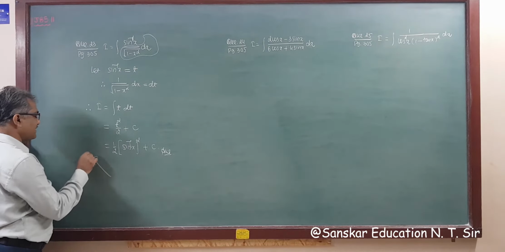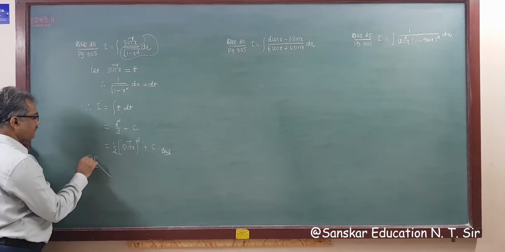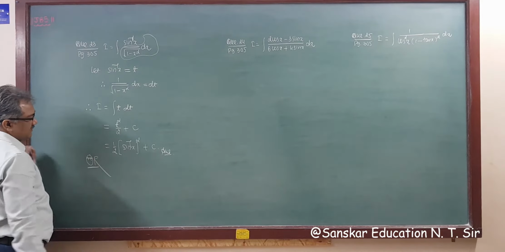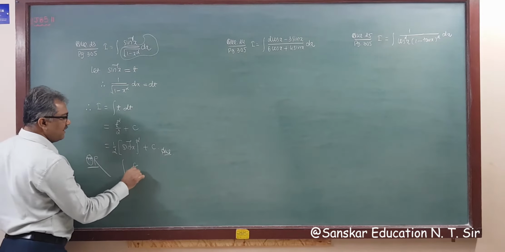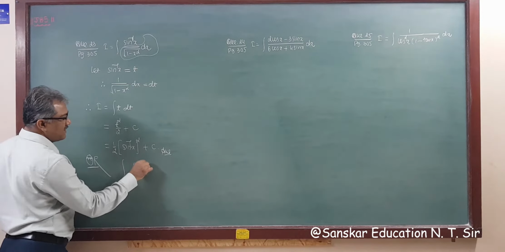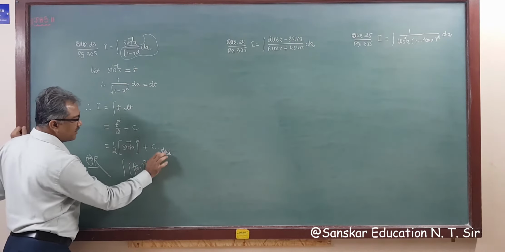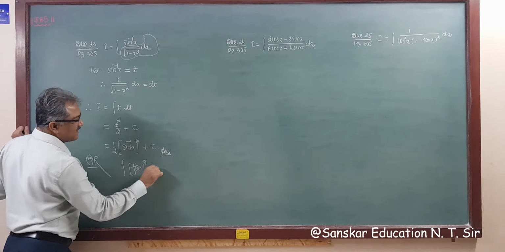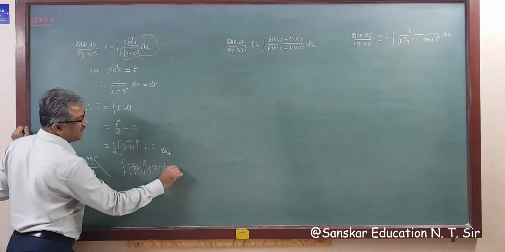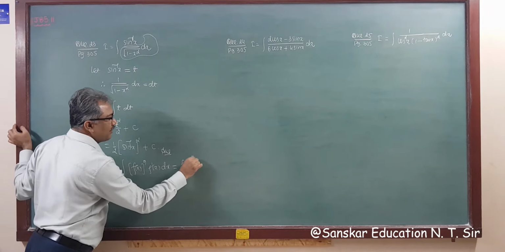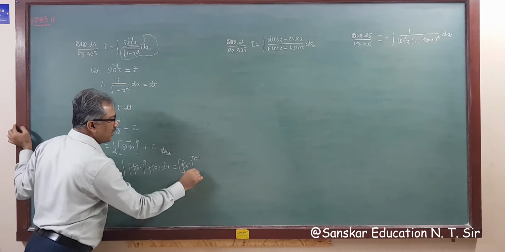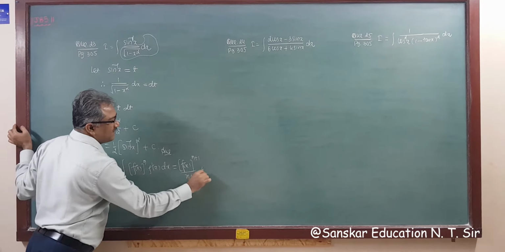See, for this you have one formula: the integration of f(x) raised to n into f dash x dx, then the answer will be f(x) raised to n plus 1 upon n plus 1, plus c.